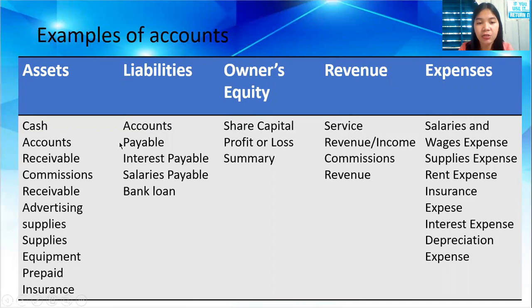Liabilities are accounts payable, interest payable, salaries payable, and bank loan. Owner's equity includes share capital and profit or loss summary. Revenue includes service revenue or your income, and commissions revenue. For expenses, we have salaries and wages expense, supplies expense, rent expense, insurance expense, interest expense, and depreciation expense.